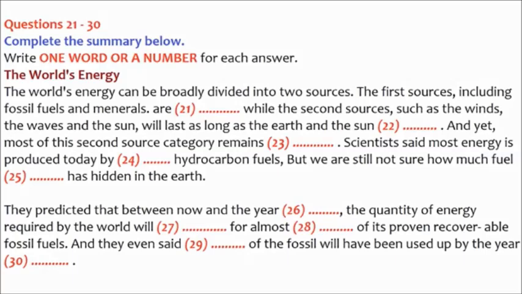The second category, which includes the wind, the waves, the tides, the temperature of the oceans, and the sun, comprises sources that will continue to provide energy in virtually unlimited quantities as long as the Earth and the Sun exist. And yet, despite the fact that they are to all intents and purposes inexhaustible, the sources of this second category remain almost untapped.